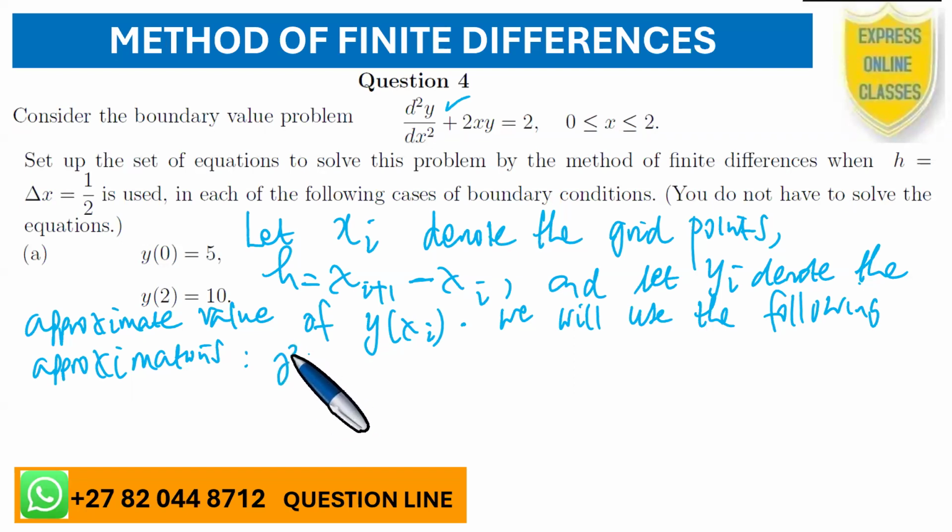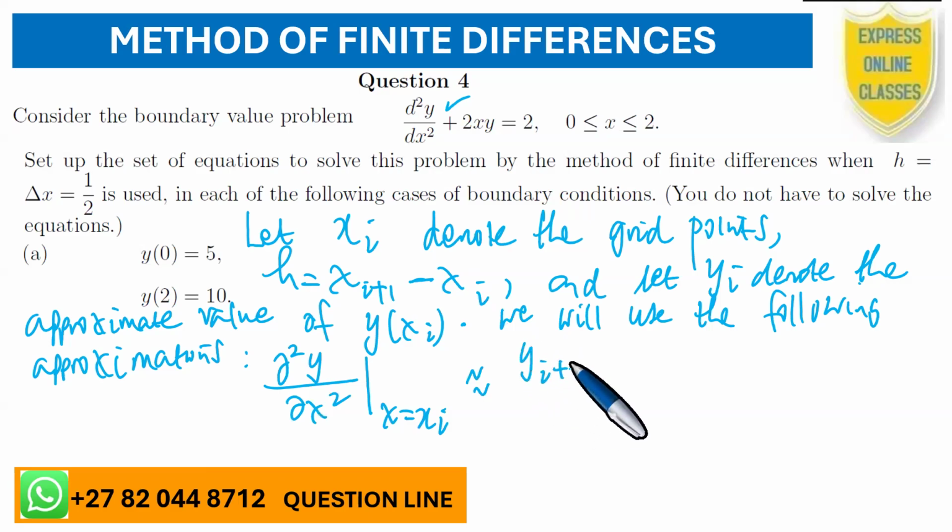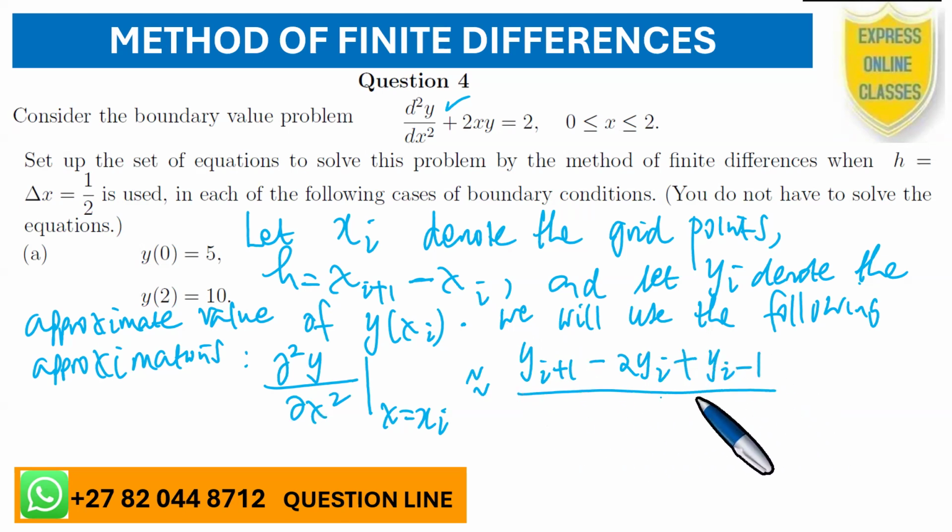So we note that the second derivative of y with respect to x, evaluated at x equals xi, becomes approximately yi plus 1 minus 2yi plus yi minus 1, divided by h squared.